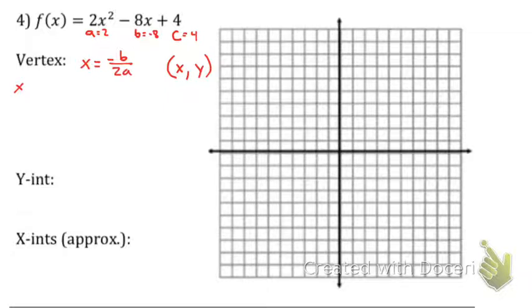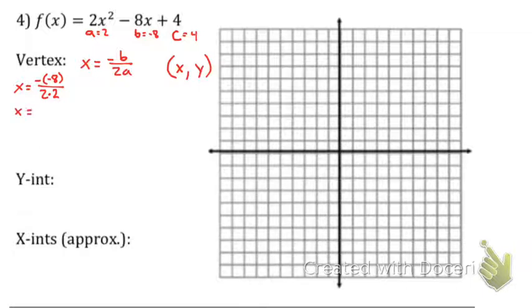X equals negative, and then we plug in the value of b, including the sign, so it's -8. So -8 over 2 times whatever our a value is, which is 2. Let's clean this up.